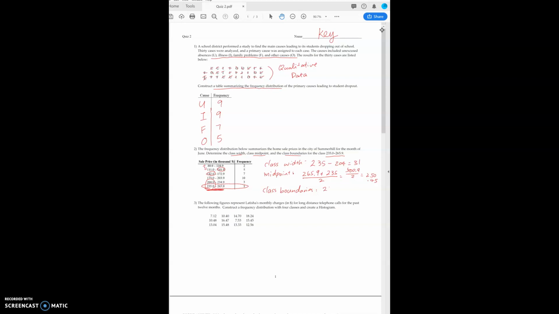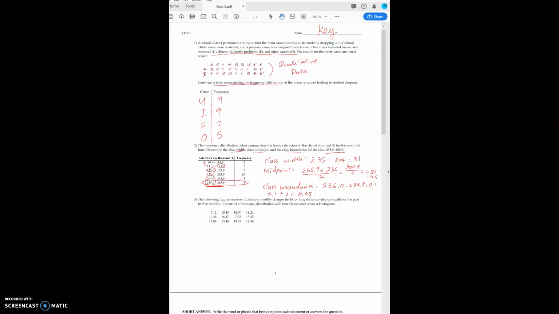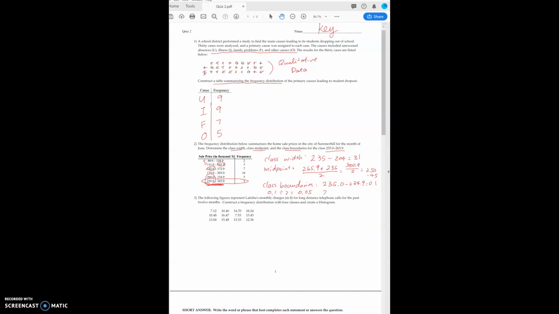So 235.0 minus 234.9, I got the gap, which is 0.1. Then the gap divided by 2 gives me 0.05. So the boundary is actually going to be 234.95. I'm going to box it since I have so many numbers here.